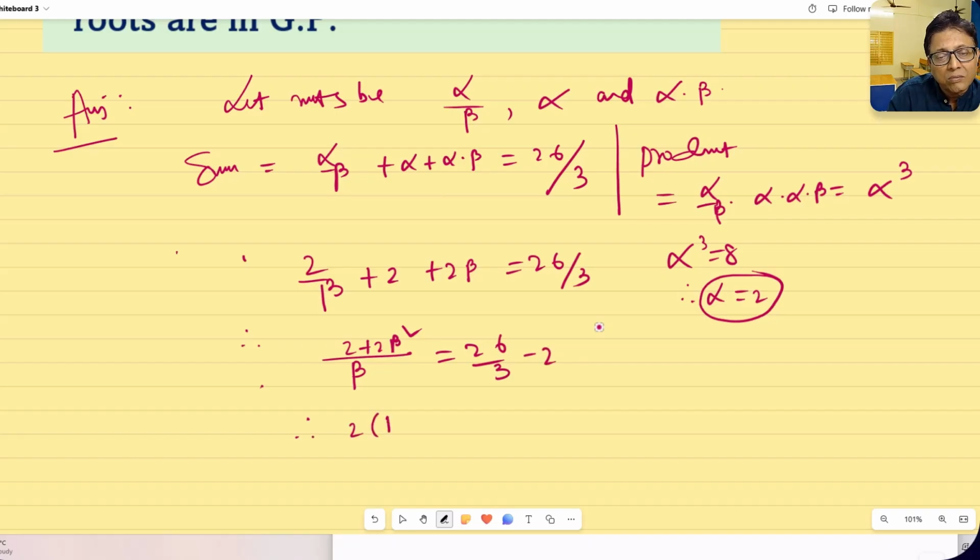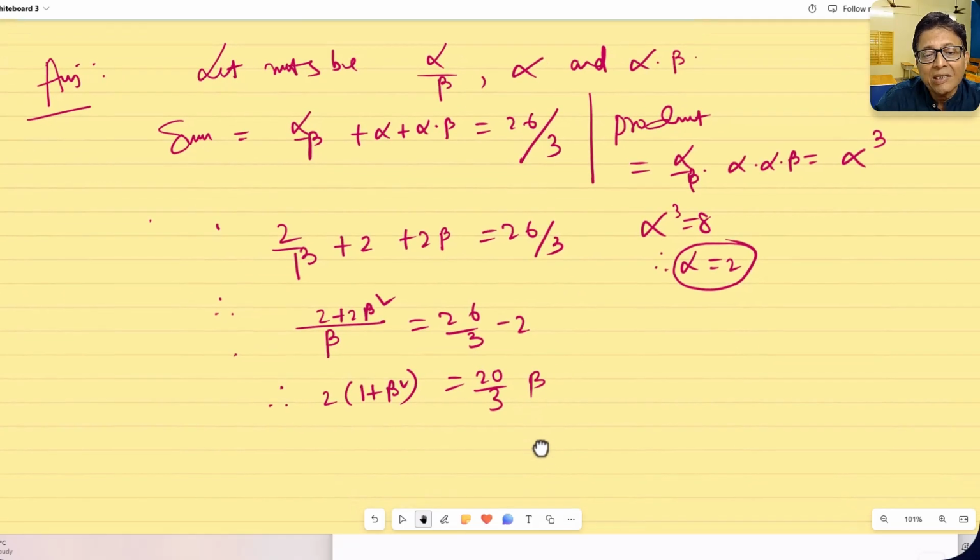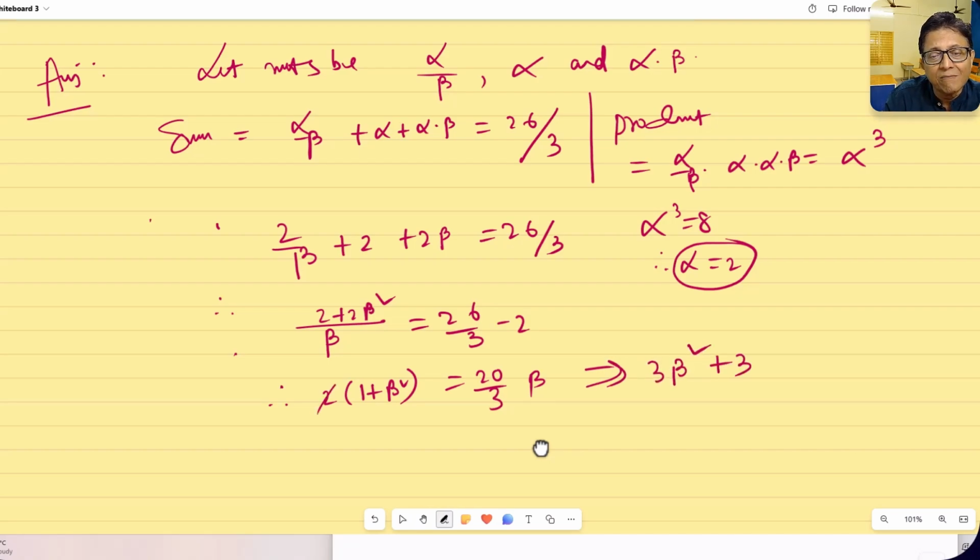Therefore, equal to 20 by 3 beta. This implies that 3 beta square plus 3 equal to 10 beta.